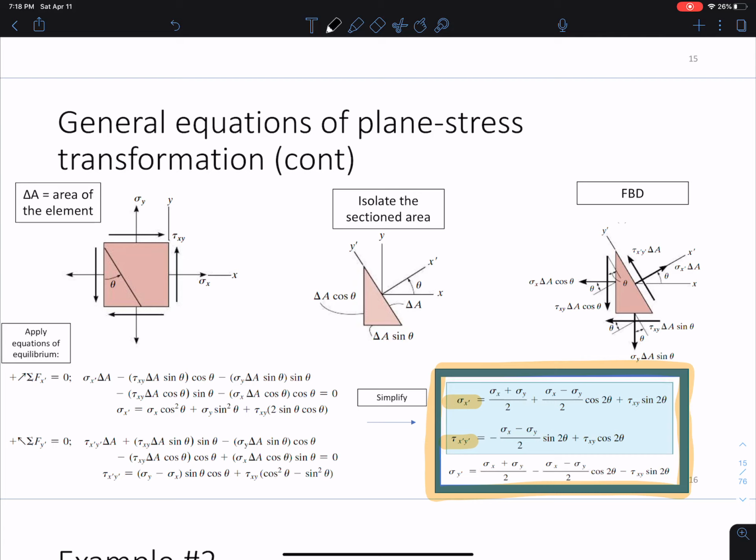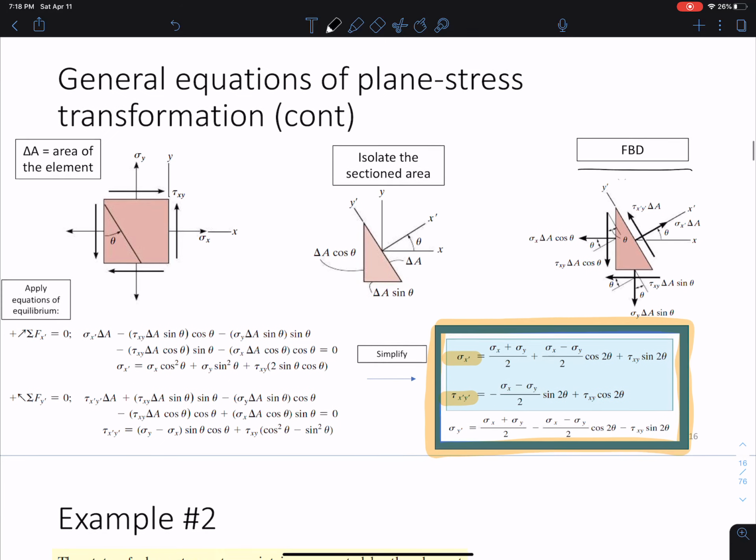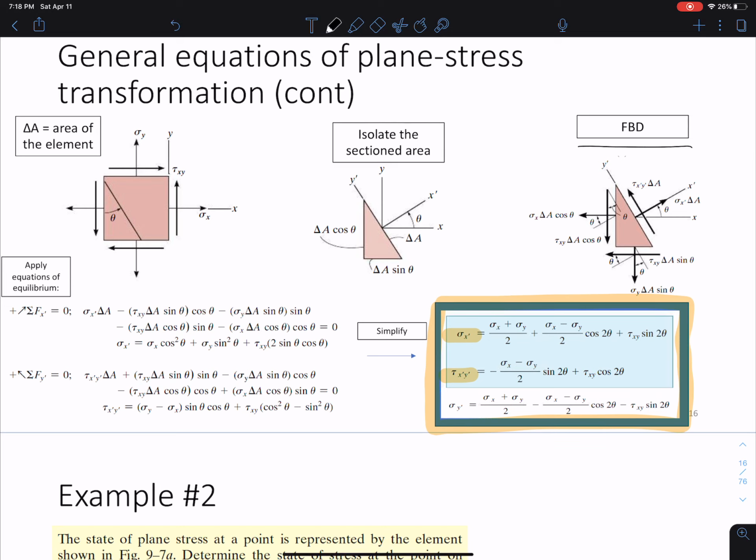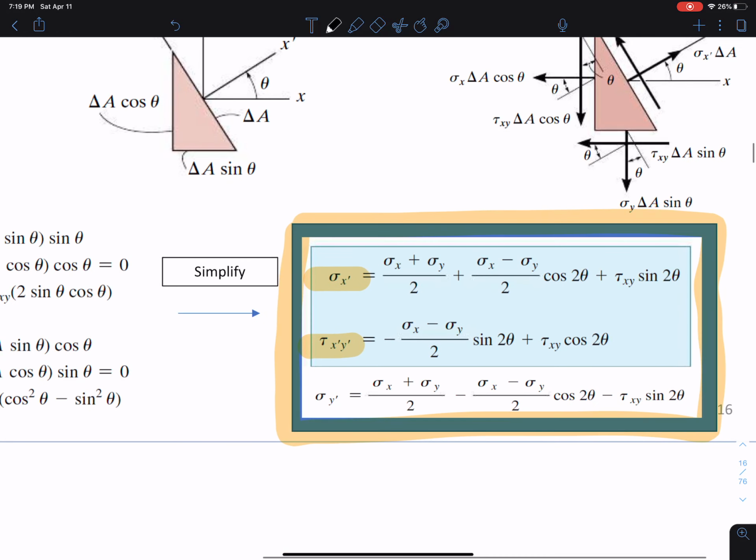But here what we're saying is if this delta A is the area of the element and we section off or isolate this plane, just like we did in the other example, and this is our free body diagram right here, we get all of those exposed forces in terms of theta. If we apply our equations of equilibrium in terms of some arbitrary theta instead of some predefined theta like 30 degrees, which was just for one, we can get all of these functions of stress in terms of theta.